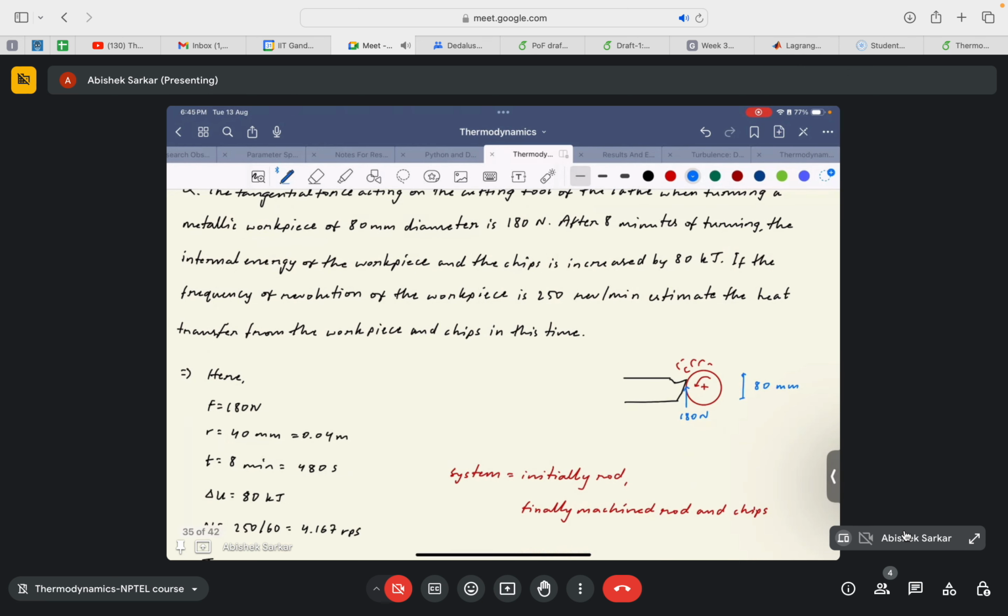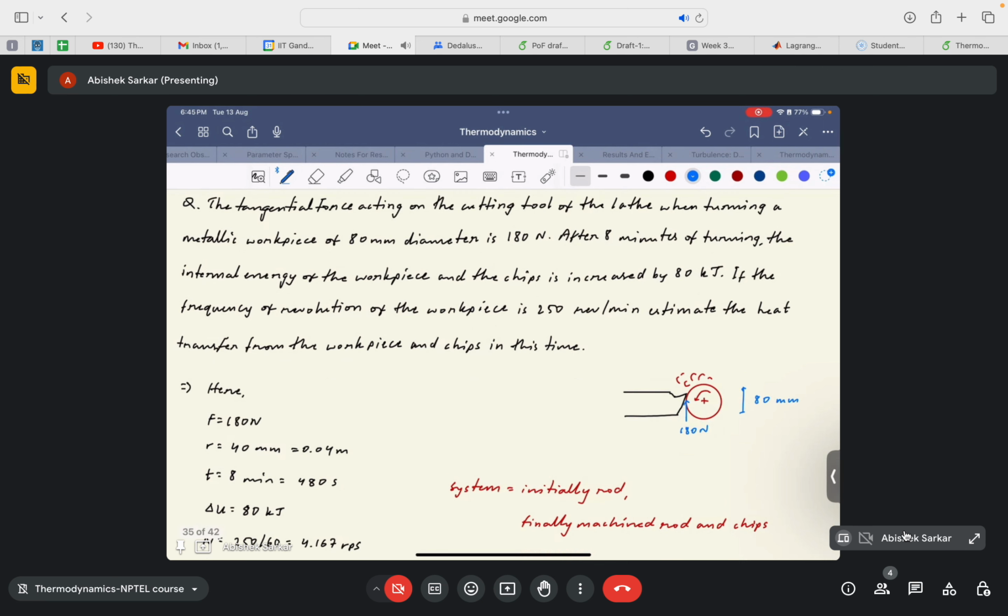If you know the net tangential force and the radius of the workpiece, you will know the net torque, or the net moment, that acts upon this metal piece. That is what is done in this case, and we will be doing that. But I just wanted to give you an overview of the problem that we are considering.